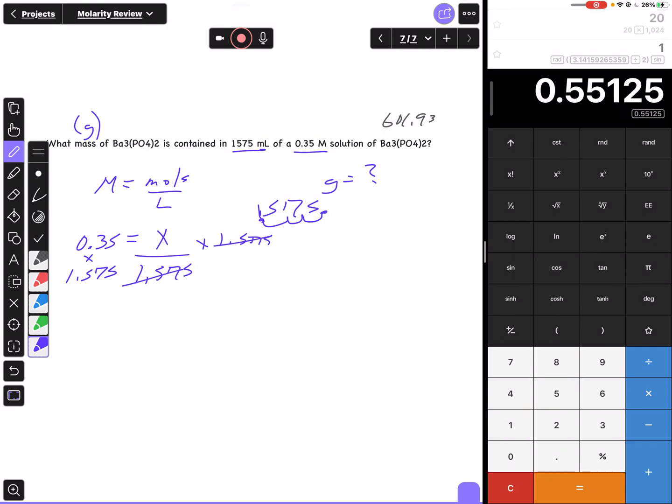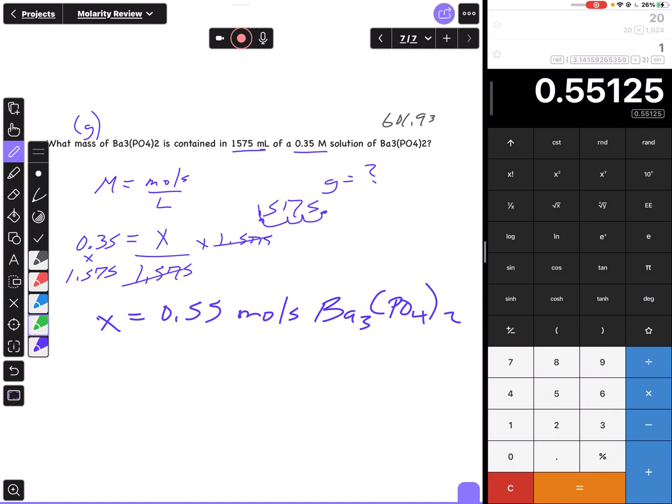I get 0.55125, and I'm going to round that to 2 decimal places. So my X in this problem is equal to 0.55, and that's going to be moles of Ba3(PO4)2.